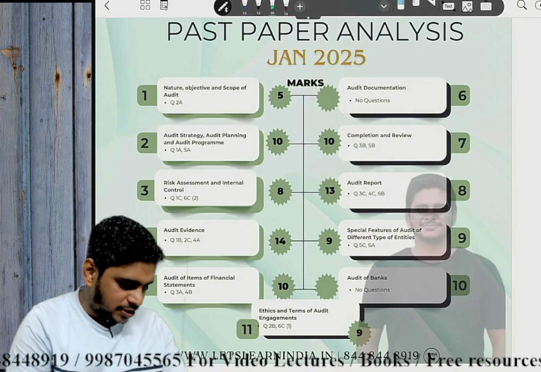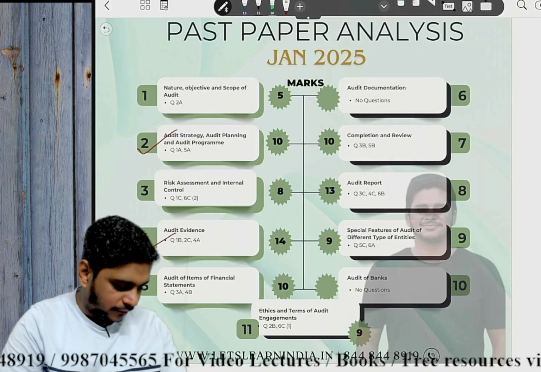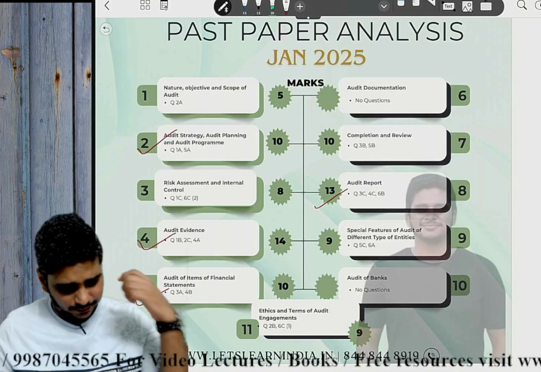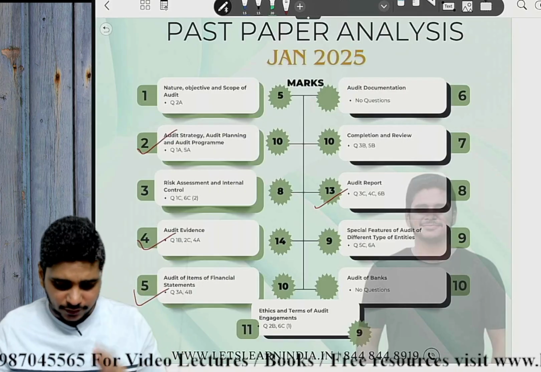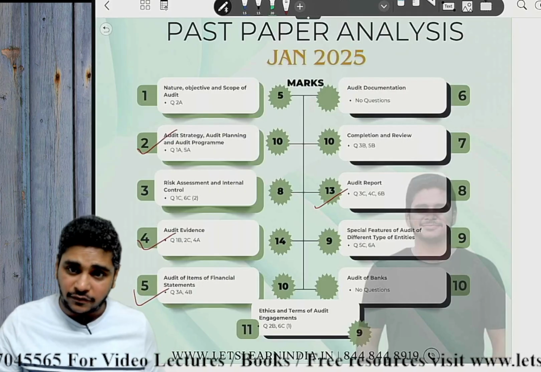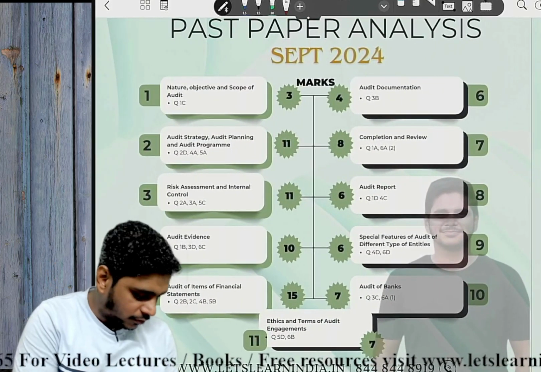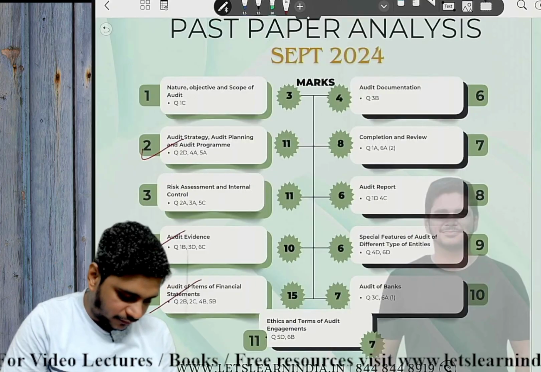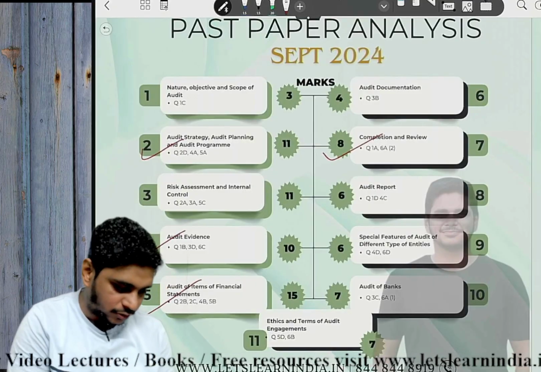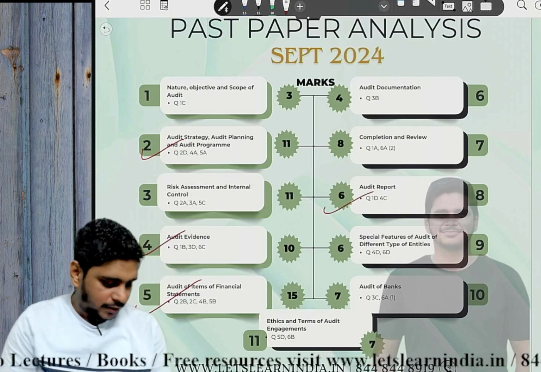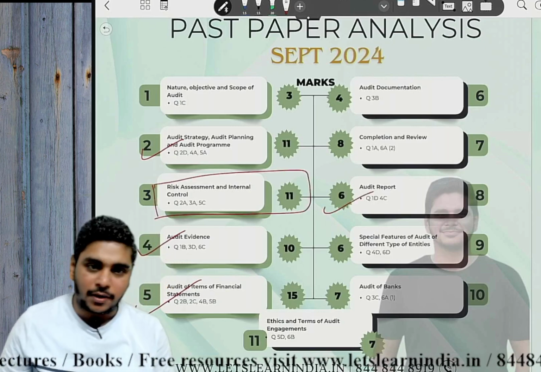So that's basically chapter number 2, chapter number 4, chapter number 5 and chapter number 8. 2, 4, 5, 8. Jan 25. Then September 25, again 2, 4, 5, 8. Your risk assessment also came for 11 marks.